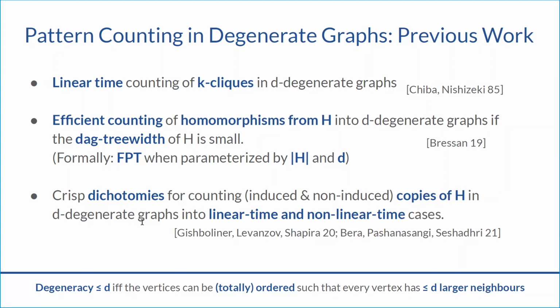And their dichotomy classified the problem into linear time and nonlinear time cases, where the nonlinear time cases used an assumption from fine-grained complexity theory. In this work, we are also interested in counting induced and non-induced subgraphs, but our goal is to classify the problem into fixed parameter tractable and non-fixed parameter tractable cases.